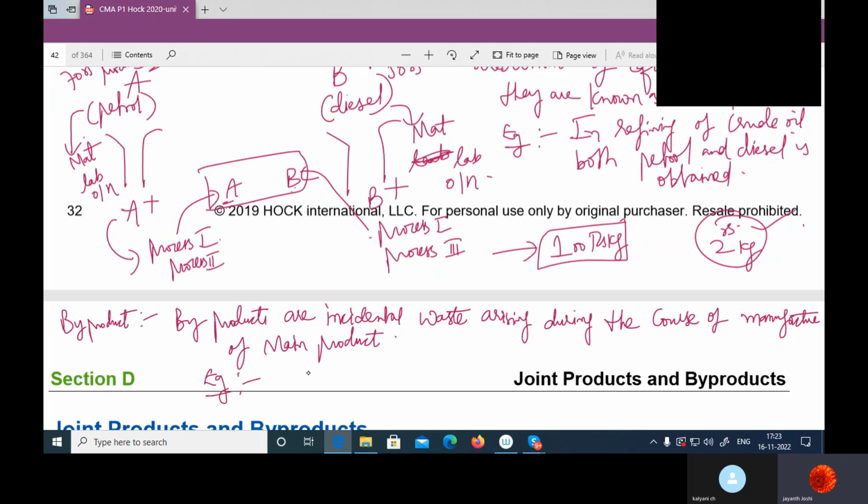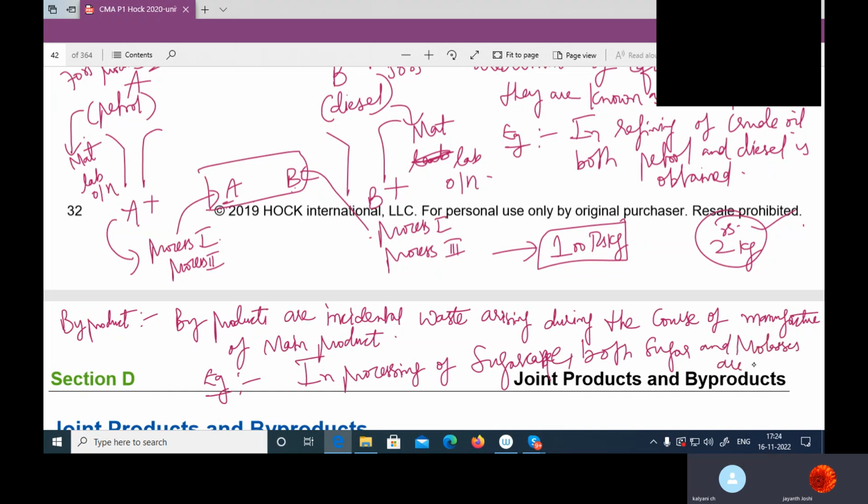Example: in processing of sugar cane, both sugar and molasses are obtained.